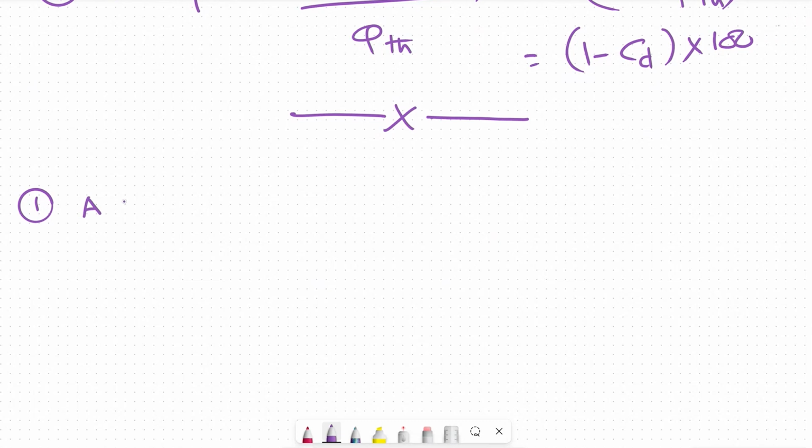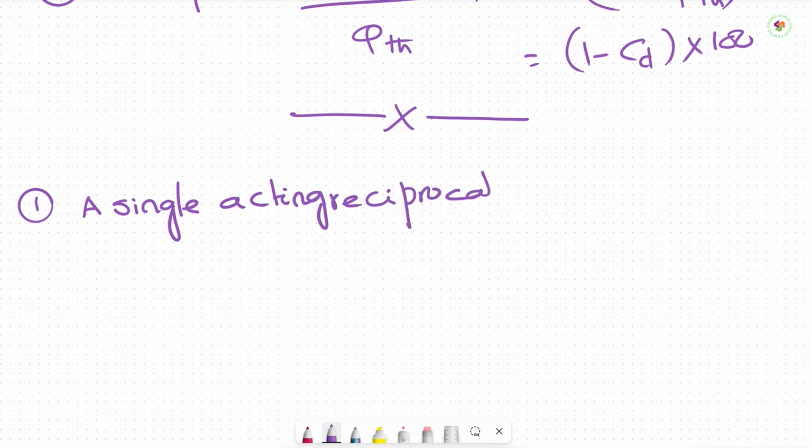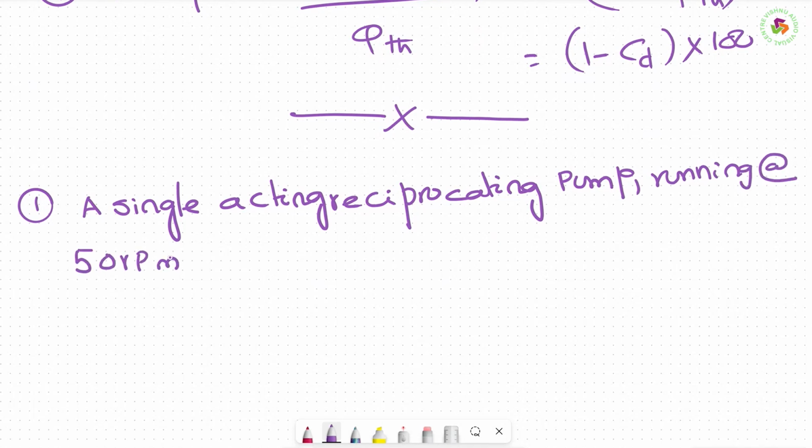A single acting reciprocating pump running at 50 rpm delivers 0.00736 meter cube per second of water.